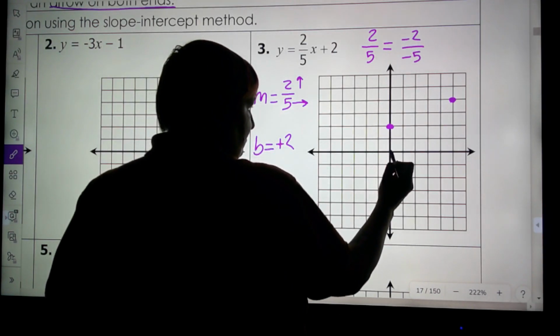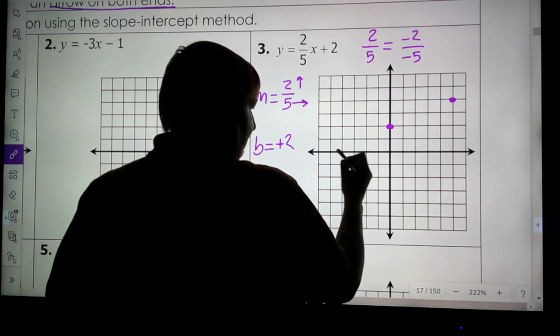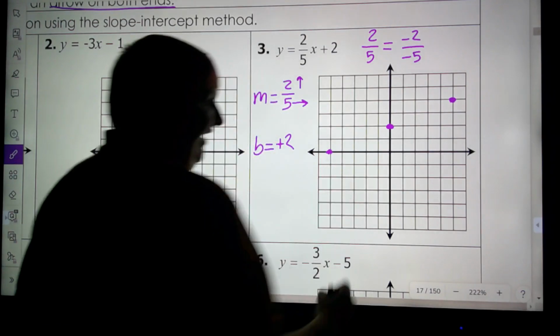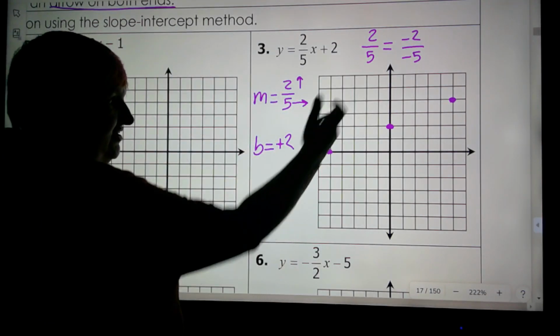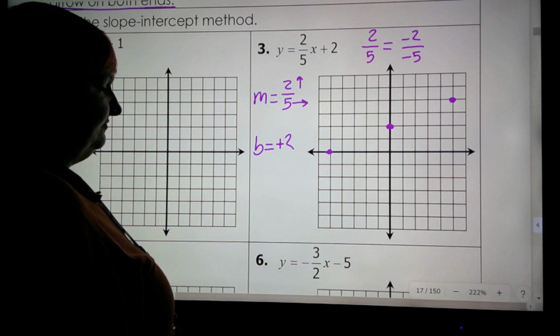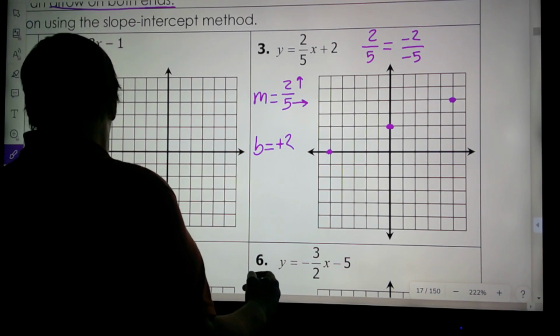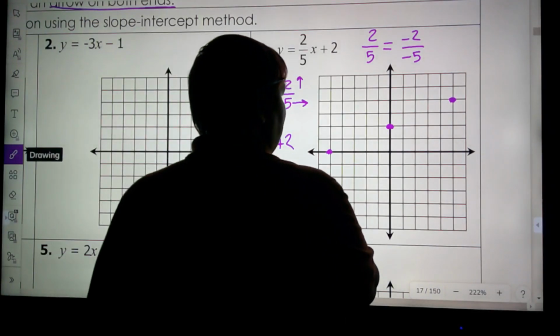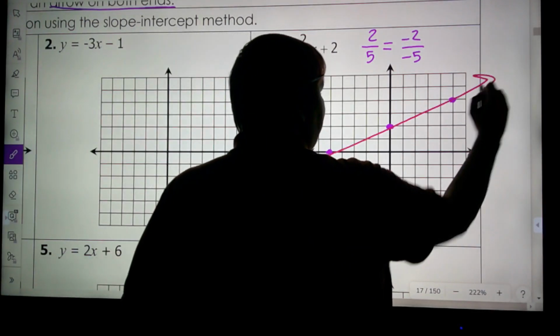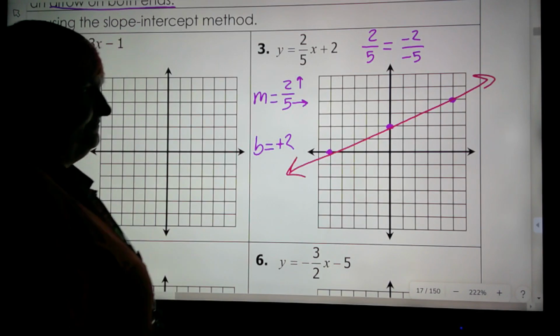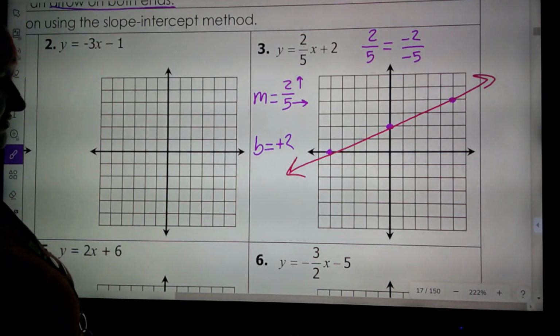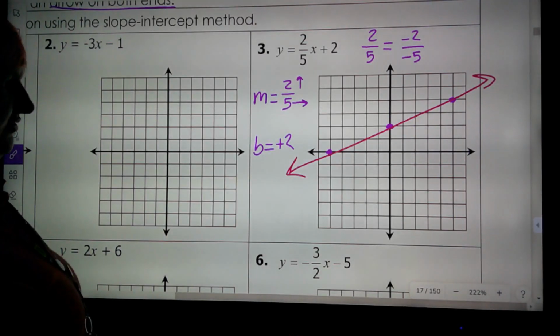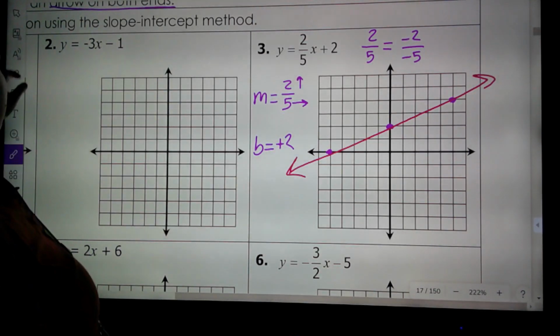Down 2, 1, 2, 3, 4, 5. Oh, look at that. It lines right up because it's the same line. Go all the way through the points and put arrows on the ends.